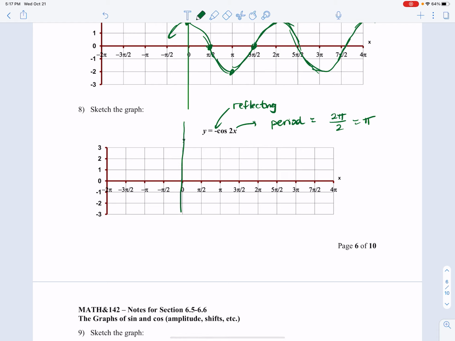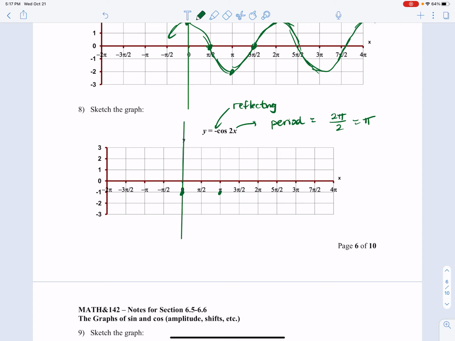So one more time, starting at 0, the first period is going to end at pi. Now remember, cosine usually starts high, but since it's reflected, it's going to start low. And then it's going to go up and down and repeat itself by the time it hits pi units again.